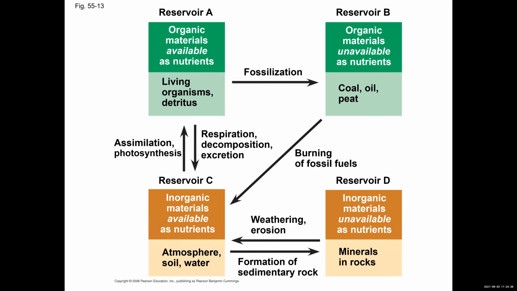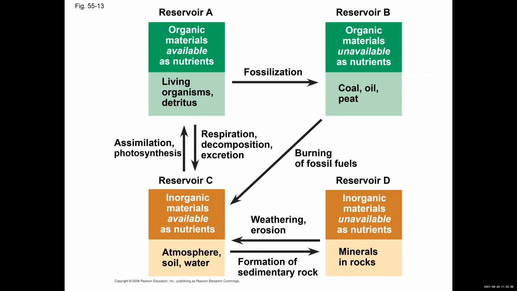Reservoirs is just a fancy word for a place where we find this stuff. We can move things from one reservoir to another. So reservoirs may be physical locations, they may be types of materials. We can move atoms and molecules from one compartment to another by a process, right? Some of these processes are biological, some of these processes are physical and chemical.